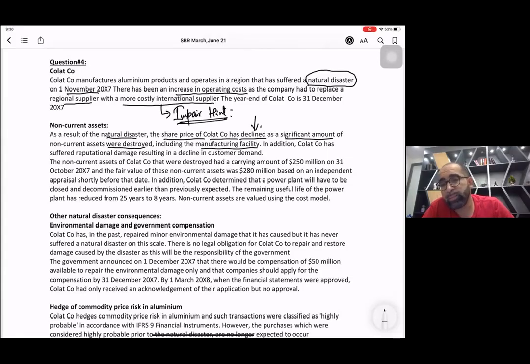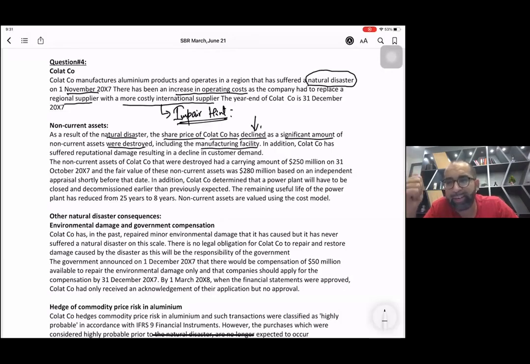If you remember IAS 36, let me quote you the exact words: if the carrying value of net assets is greater than market capitalization, this is also an impairment hint. What does it mean? It means you are reporting your net assets and equity in the SOFP for $100,000, but your total shares multiplied by share price are available in the market for just $70,000.